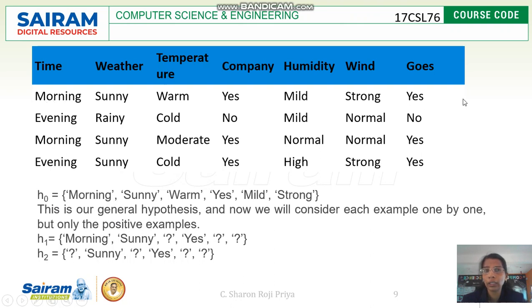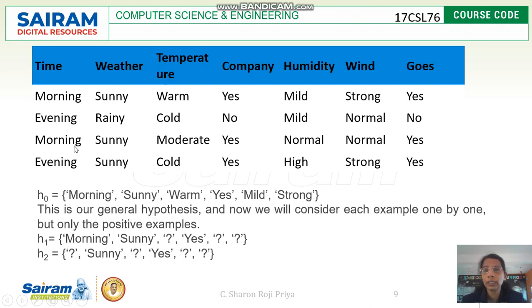I have taken my first positive example and written it as it is: morning, sunny, warm, yes, mild and strong. Next, take the next instance. Since it is negative, I'll discard it.